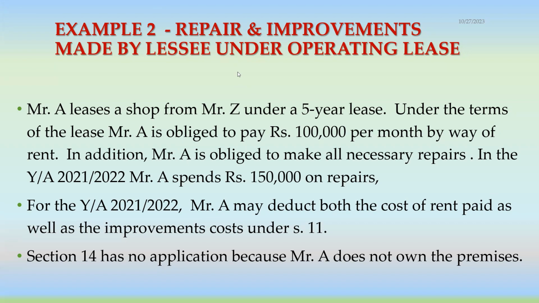So, if a lessee makes the repair or improvements to an asset, then what will be the tax treatment? I will explain this part after we study section 16, because until then you do not have that.